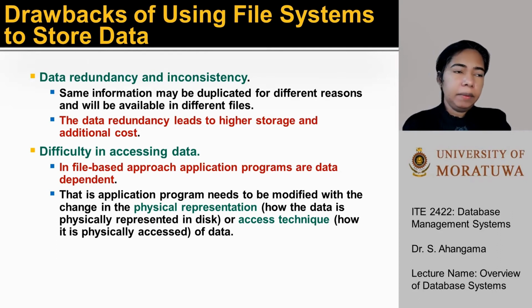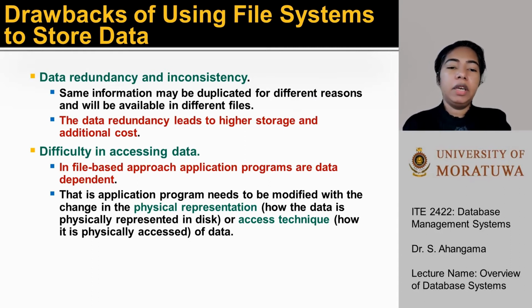For example, employee details will be available with the finance department and the HR department. If an employee has changed the home address and it is only updated in the HR department, then this leads to data inconsistency, so that various copies of the same data may no longer be the same.